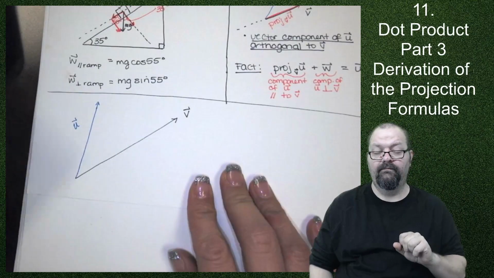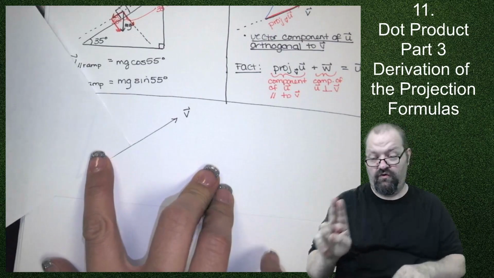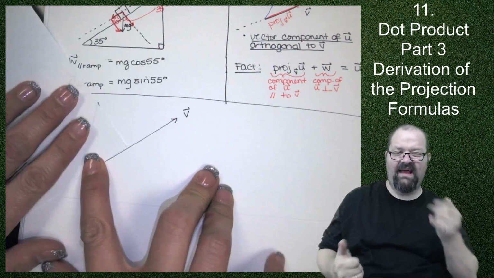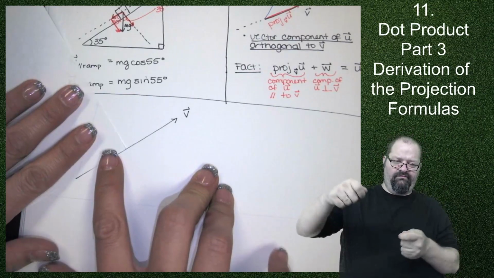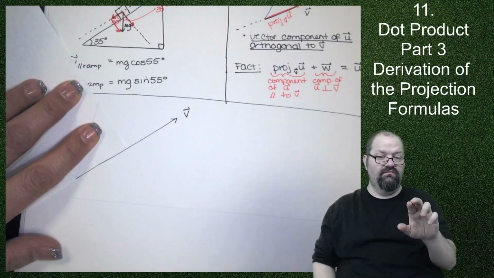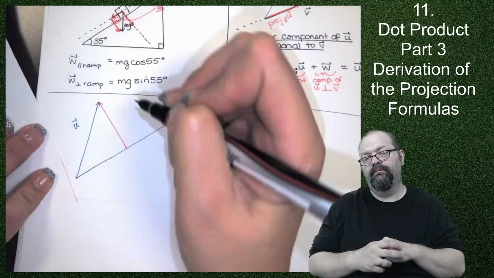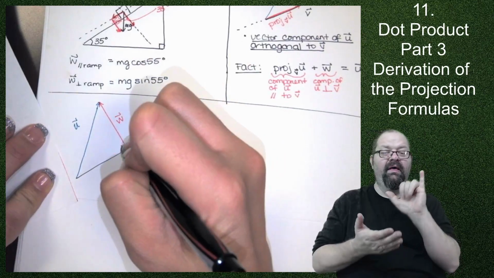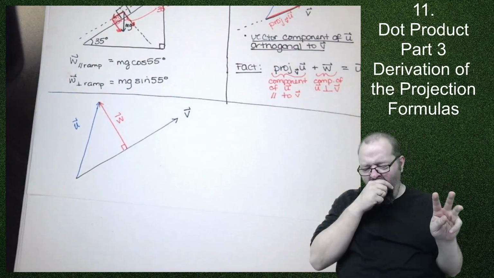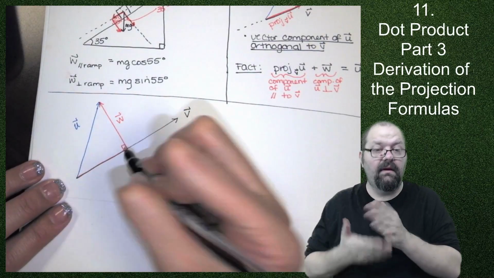And to find the component of u that's orthogonal to v, I'm just going to use a straight edge from another piece of paper, and create a right triangle. That's w. And then this down here, this is the part of u that's parallel to v.